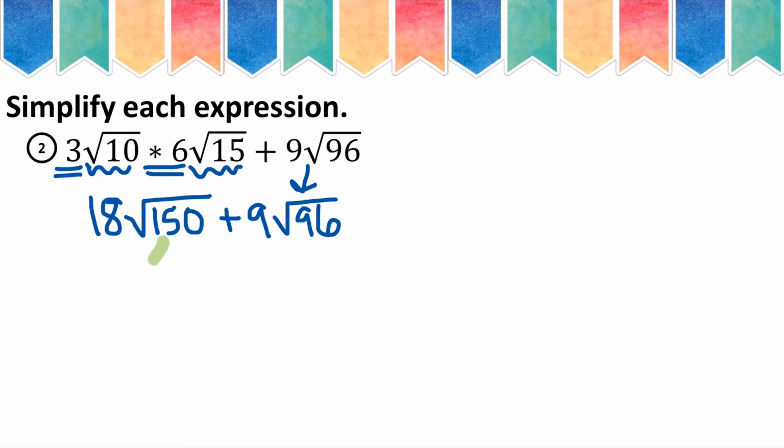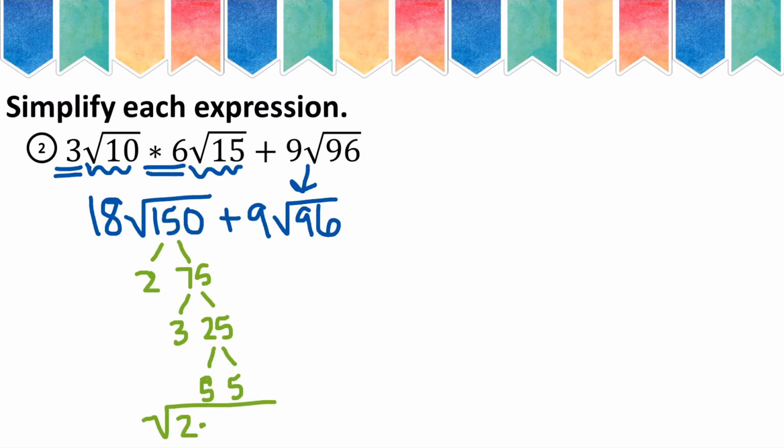So 150 can be divided into 2 and 75. 75 can be divided into 3 and 25. And 25 can be divided into 5 and 5. So this term can be rewritten as 2 multiplied by 3 multiplied by 5 multiplied by 5. And the 18 comes down.